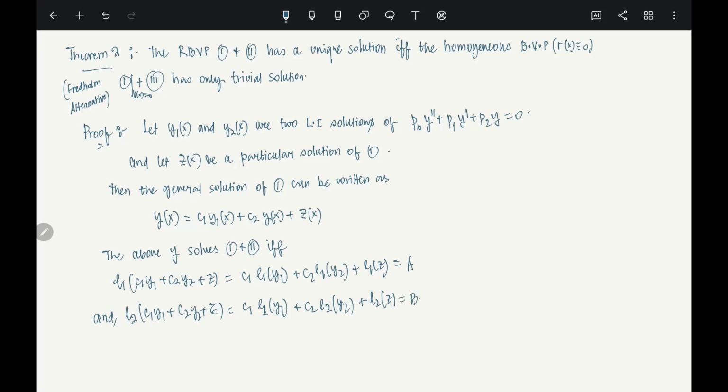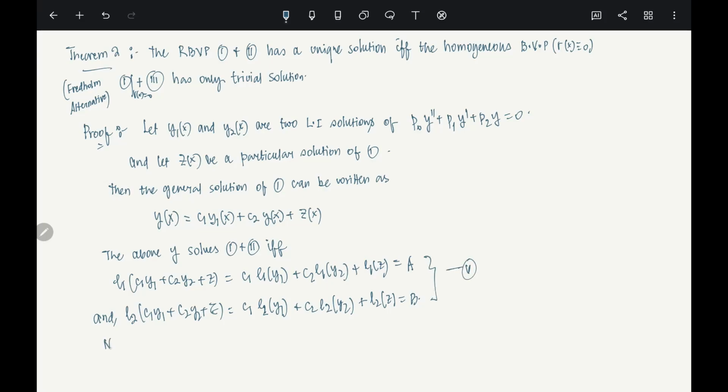Is it okay? Now you see, this Z is a particular solution, right? So this is a non-homogeneous system, right? Let's just call it 5.